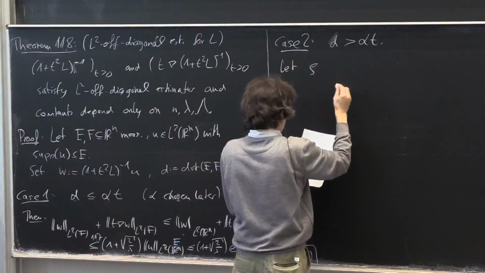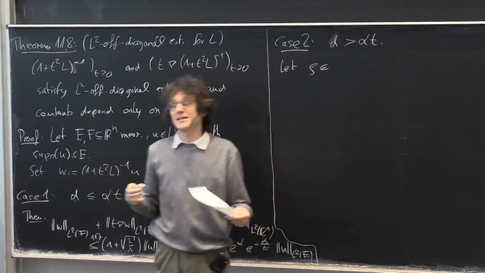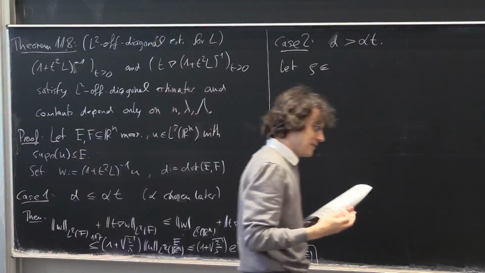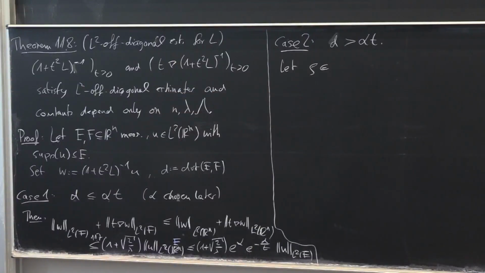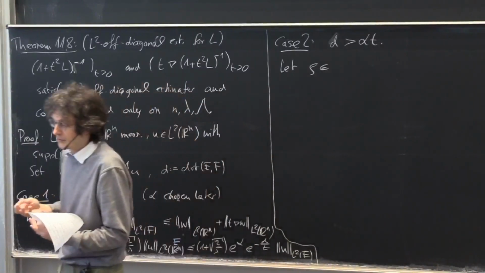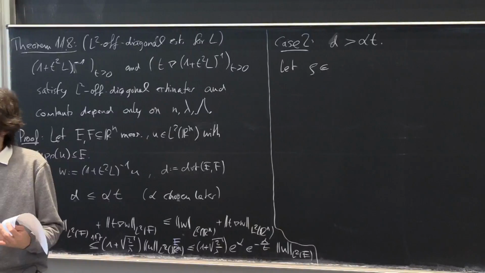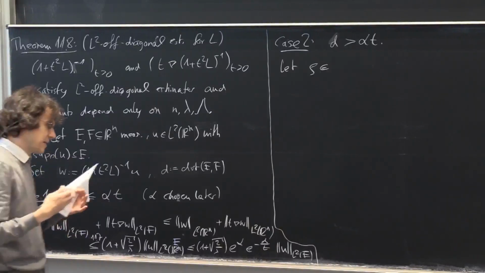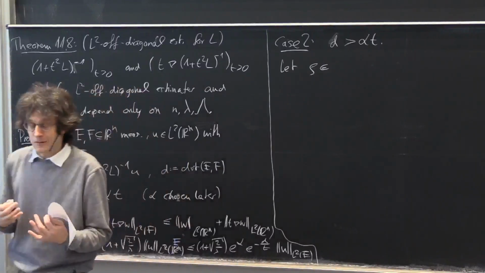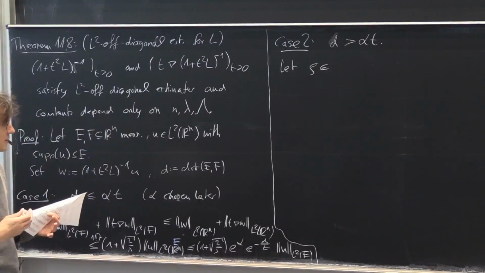This is one of the many ideas that came along during the long hunt after the Kato square root property. You find this idea also in the main contributions to the Kato square root property. It's surely based somehow on ideas of Davies, but it's one of these ideas that came along during this journey.